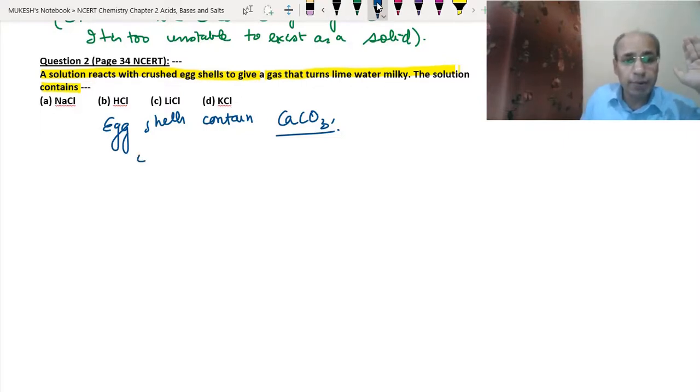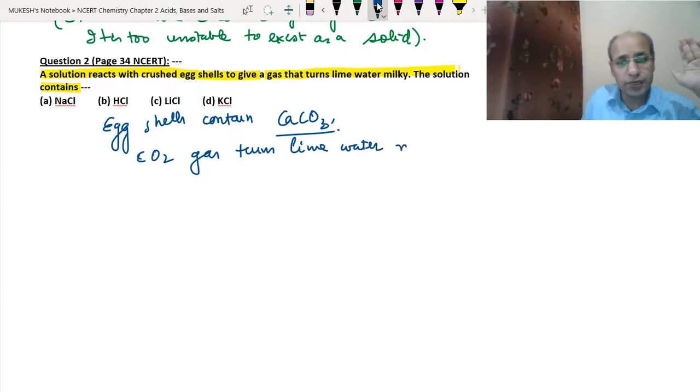Carbon dioxide gas turns lime water milky, as we have already studied in the properties of acids. So that means carbon dioxide gas will be produced and calcium carbonate is there, as we saw in the previous question.